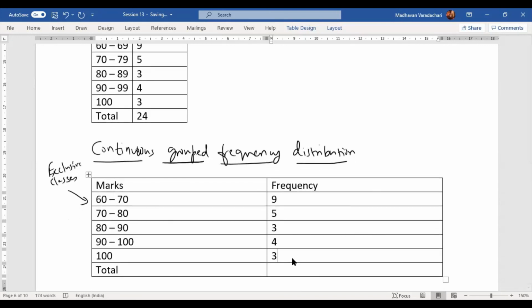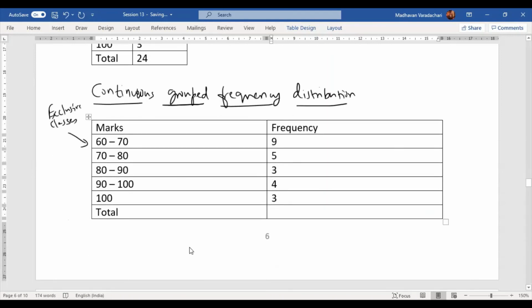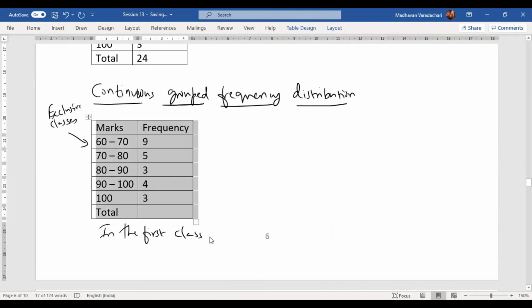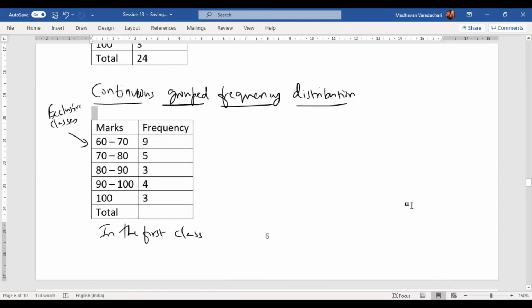In the first class, 60 to 70, the frequency corresponding to 70 will not be considered.